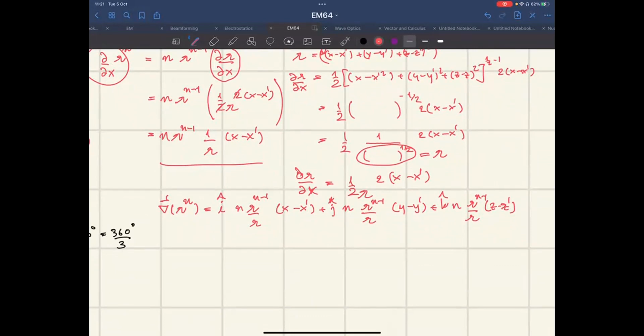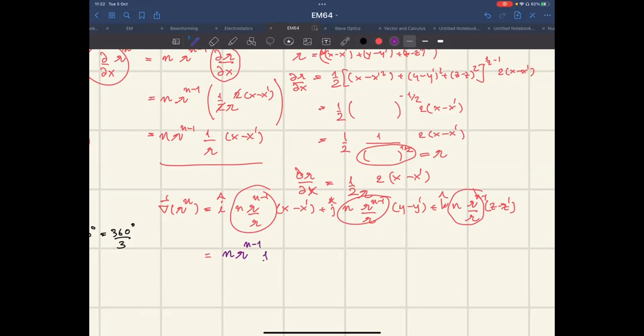What is our next step? Our next step is we have the same thing here. You see that, right? We can pull it out of the equation, just this.